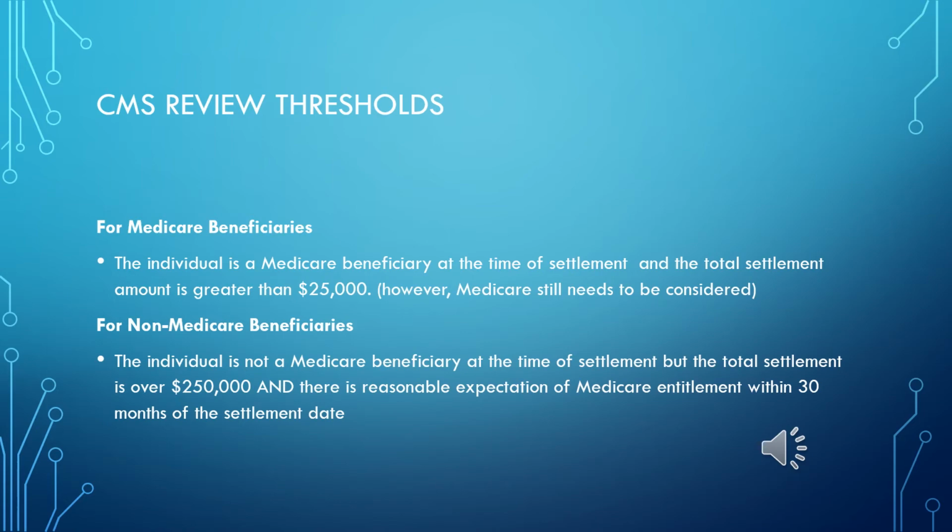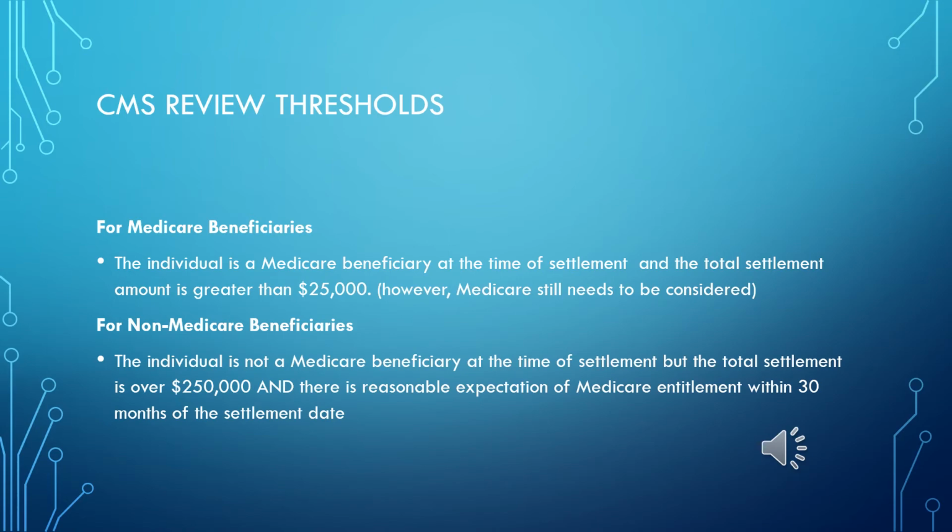Now that $25,000 includes permanent disability advances, any remaining permanent disability due, any kind of incentive amount that you'll be adding to the settlement, and the amount of future medical care money that has been projected in a Medicare Set Aside arrangement. You add those up, and if it's over $25,000, then Medicare needs to be considered.